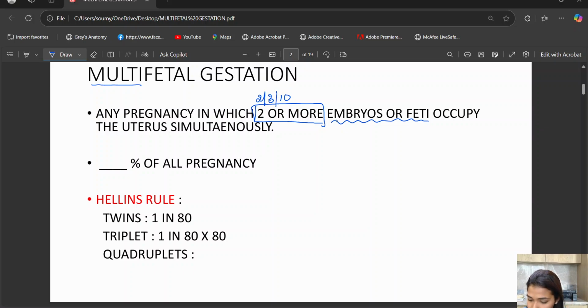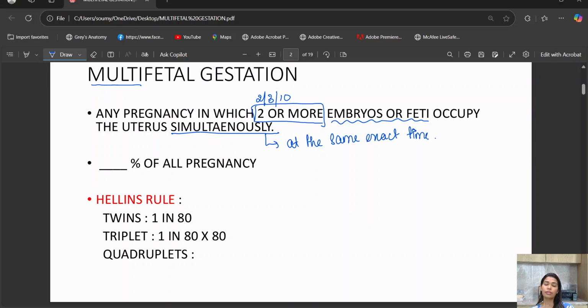Hence, very important to say embryo or feti occupying the uterus simultaneously. As in, simultaneously means at the same exact time.